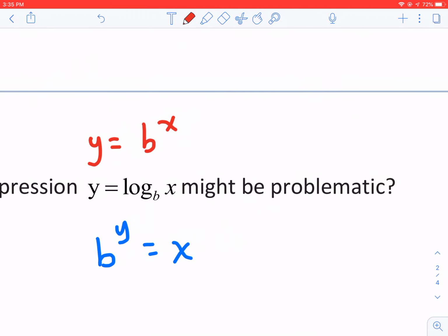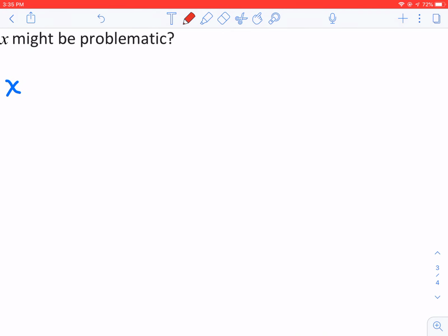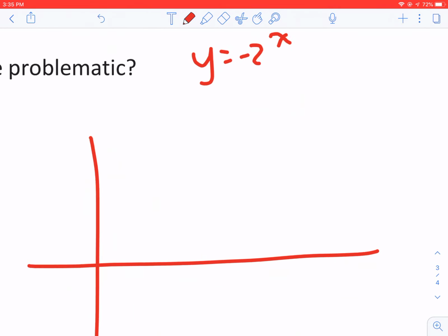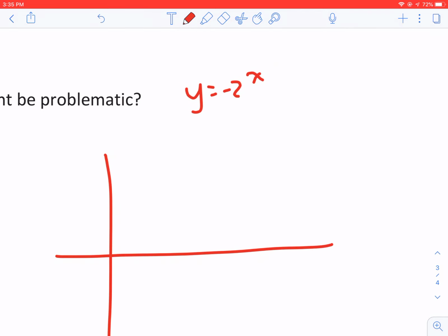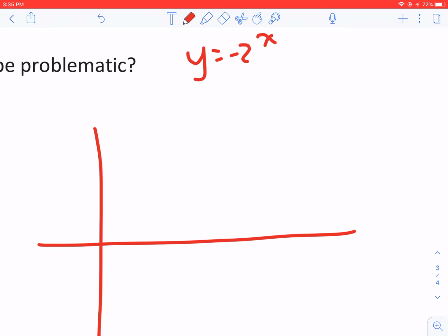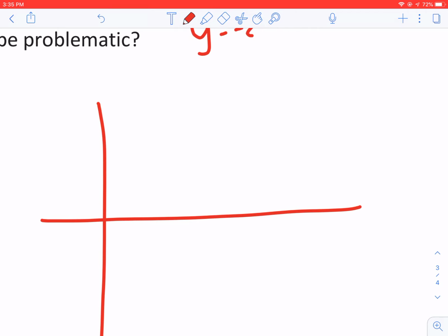And again, the reason b can't be negative in an exponential function is because, well, we see the problem. If b is negative 2, for example, it's not a continuous function. It's really not something we want to consider. For example, when x is 1, y is going to be, we're going to have 1 comma negative 2.